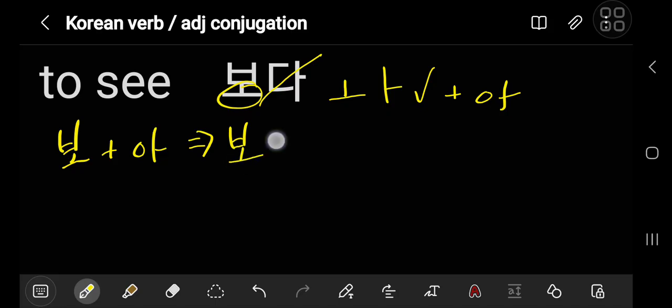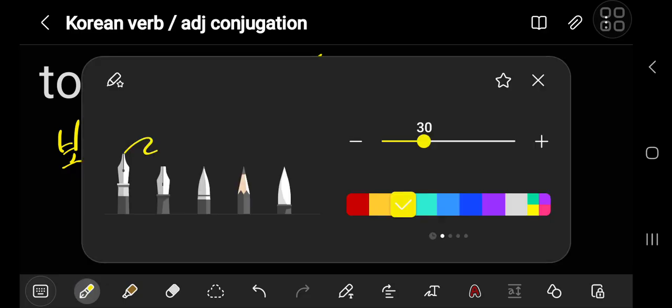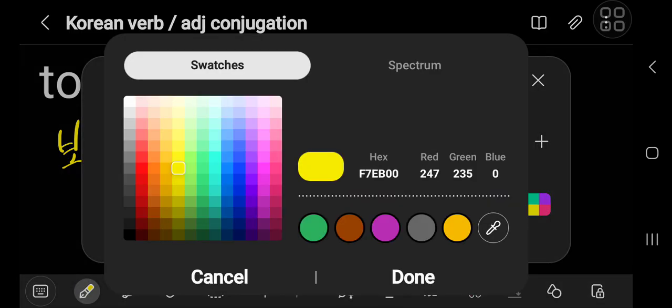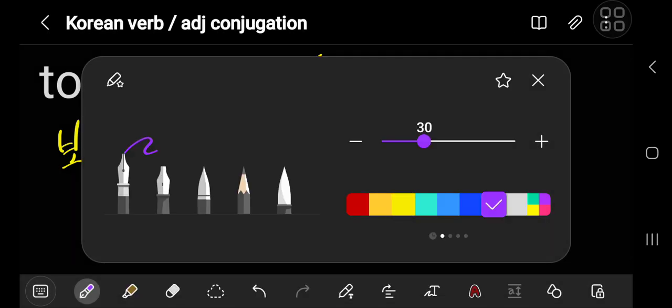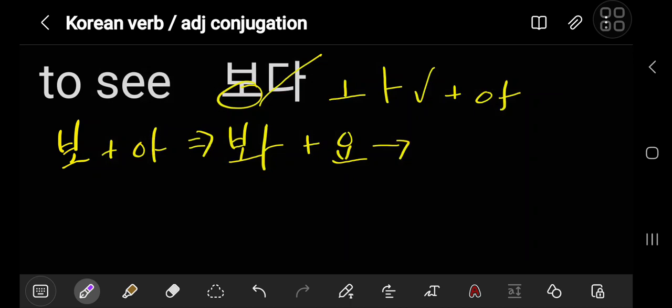You can write bo a, but generally people make it the shortened version, 봐. And then for formality, we add our yo, and then we get our nice little present tense, 봐요.